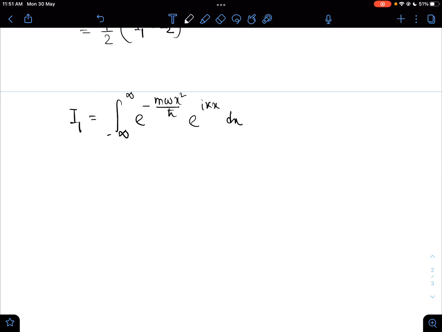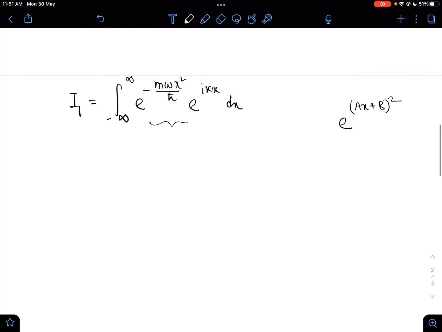We will now try to expand this term as e to the power minus (ax plus b) whole squared. So how will we do that? We have the integral from minus infinity to infinity of e to the power minus (m omega x squared by h cut minus ikx) dx.